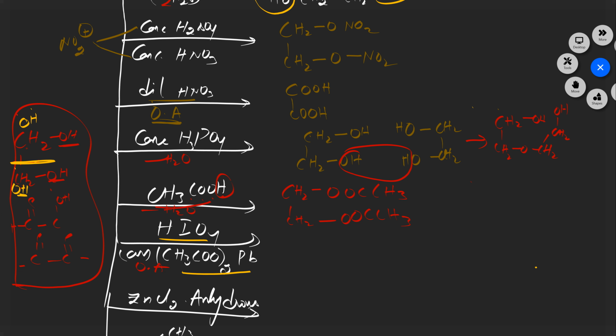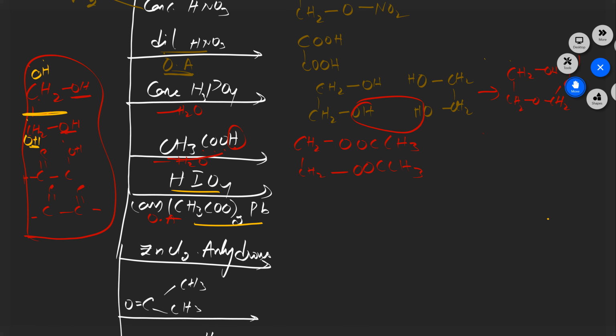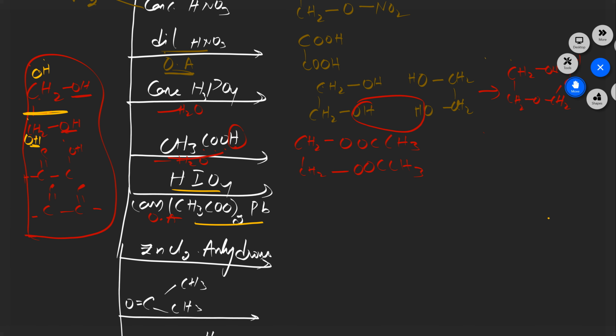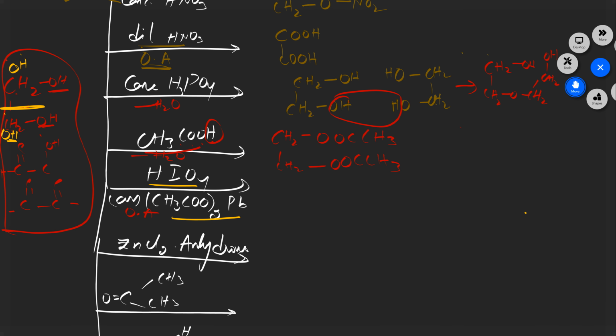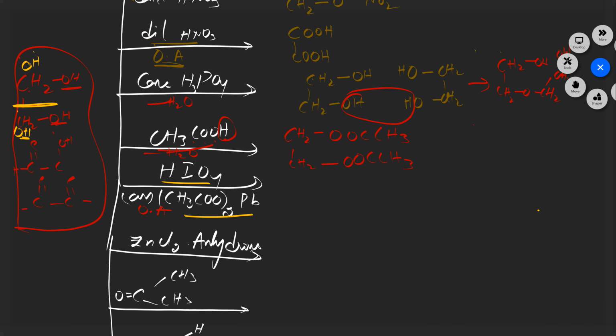It is going to break the bond between two carbon atoms if any compound has adjacent hydroxyl groups, or one is a carbonyl group and one is a hydroxyl group. It breaks the carbon-carbon bond where the hydroxyl groups are present, by adding two OH.